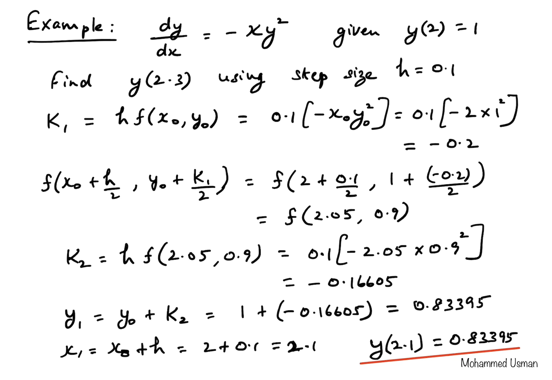So next we will now compute the second iteration. In the second iteration we will have x2 equals x1 plus h, which will be 2.1 plus 0.1, which is 2.2, and correspondingly we will also compute the new value of y as well. Now the new value of y, which we'll call y2, is going to be equal to y1 plus k2 again.